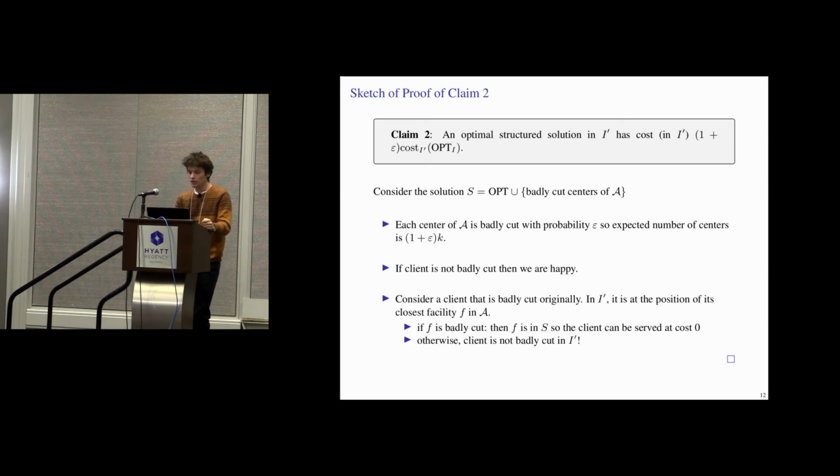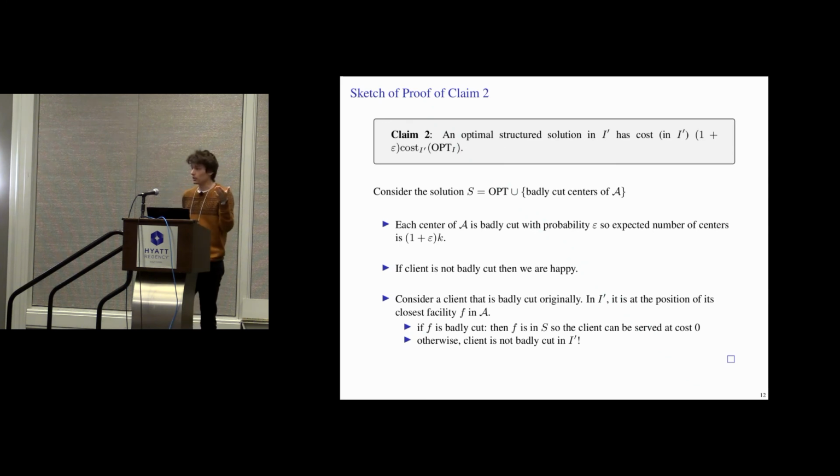And if a client is Badlicat originally, so in I prime, we moved it to its closest facility in A, and two things can happen. Either the facility is Badlicat, so it's opened in the solution S, so the client is served, that cost is 0, so everything is fine, there's no detour. Otherwise, the facility is not Badlicat, so the client is not Badlicat either.